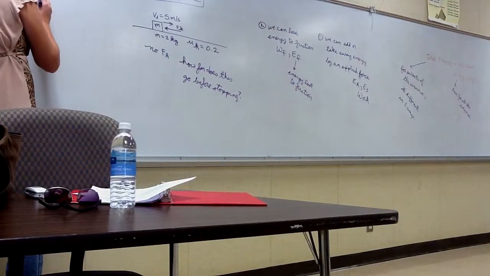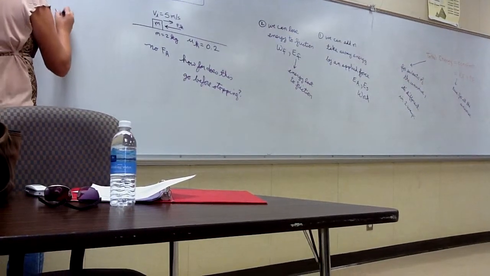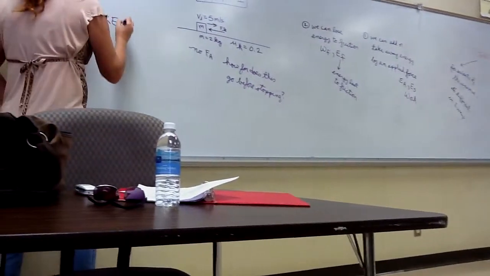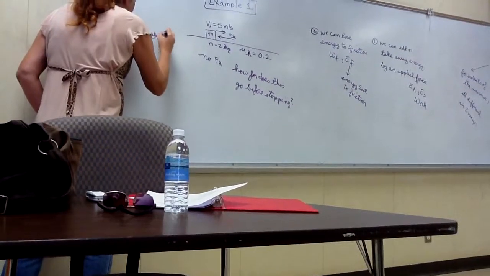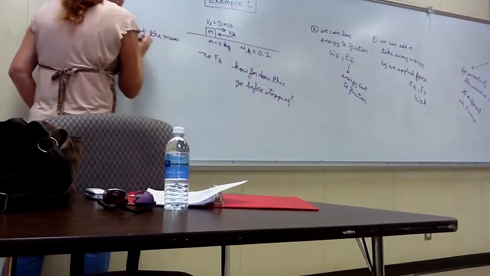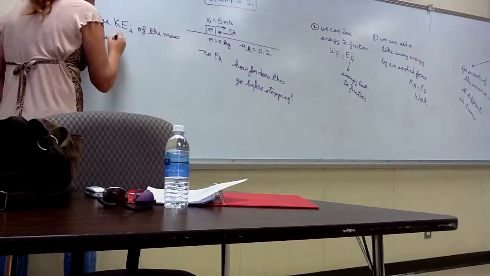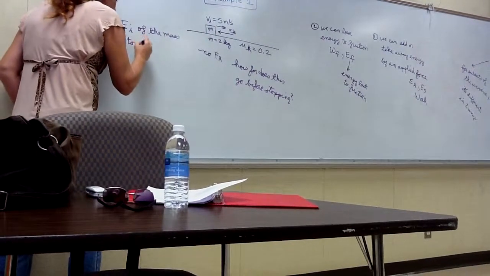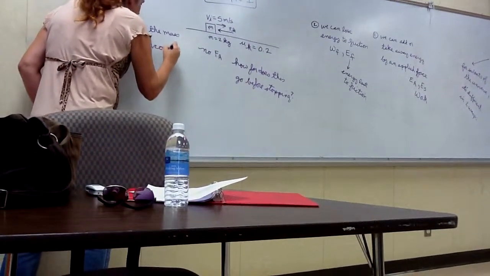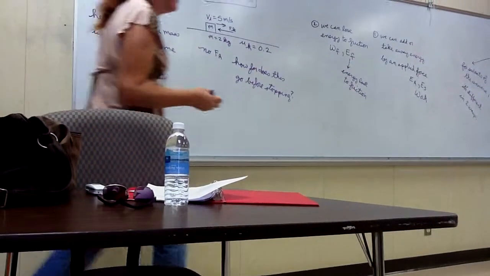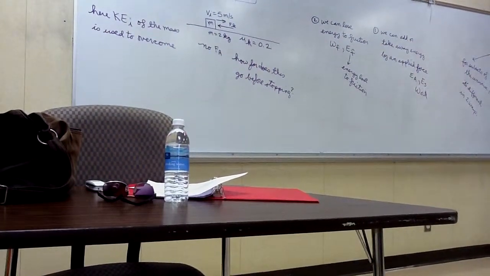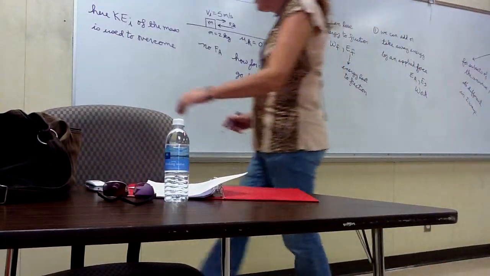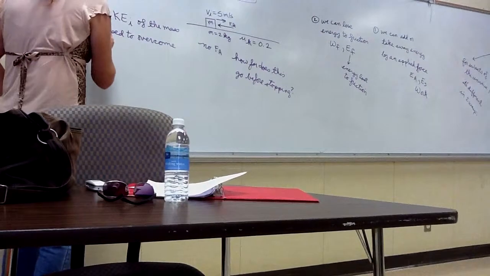So here the initial kinetic energy of the mass is used to overcome friction. So we start off with a certain amount of energy, and it's going to vanish. It's going to still be kinetic energy, but it's going to be kinetic energy in the road that it's going on, or whatever the surface is.